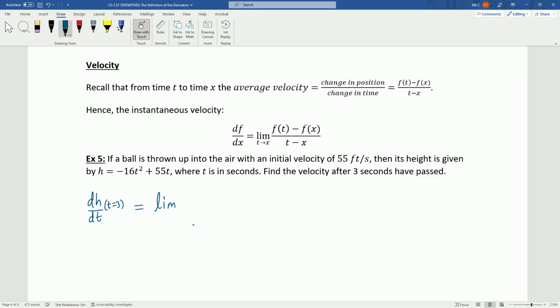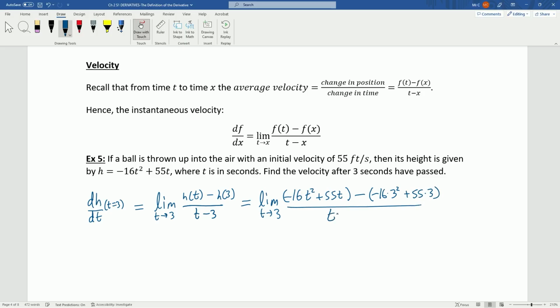So here, we're going to be taking the limit as t approaches 3 of h of t minus h of 3 over t minus 3. So this is the limit as t approaches 3 of negative 16t squared plus 55t minus negative 16 times 3 squared plus 55 times 3, all over t minus 3.